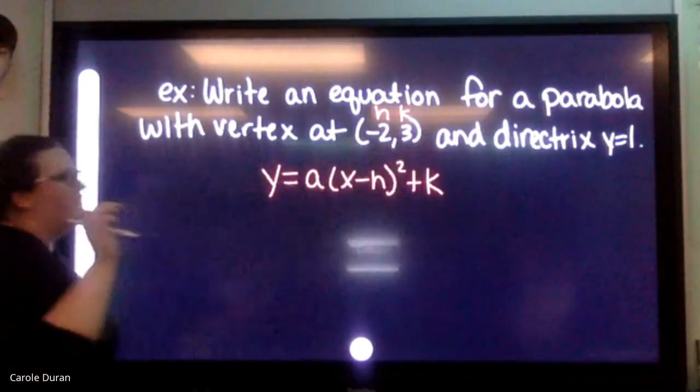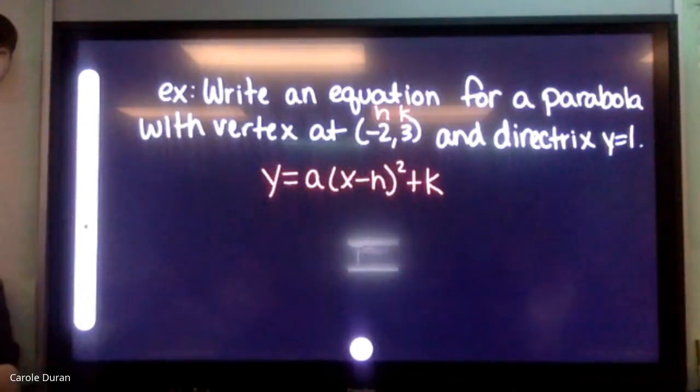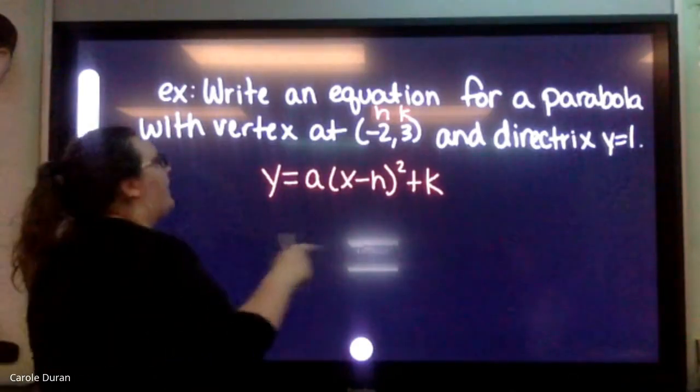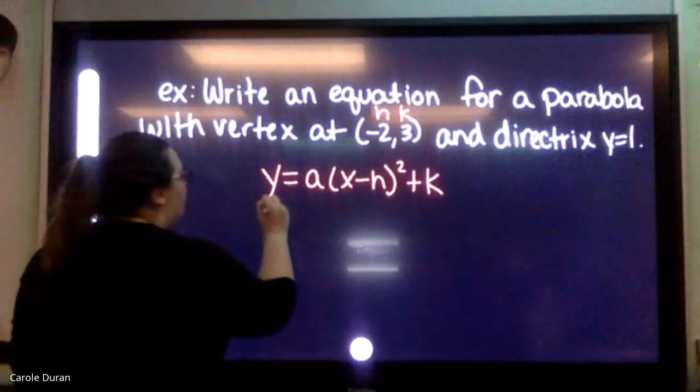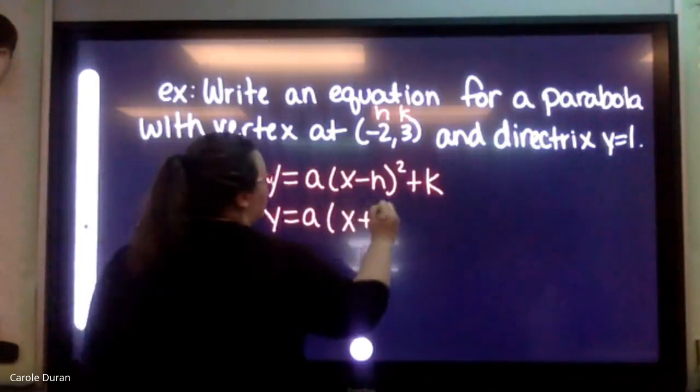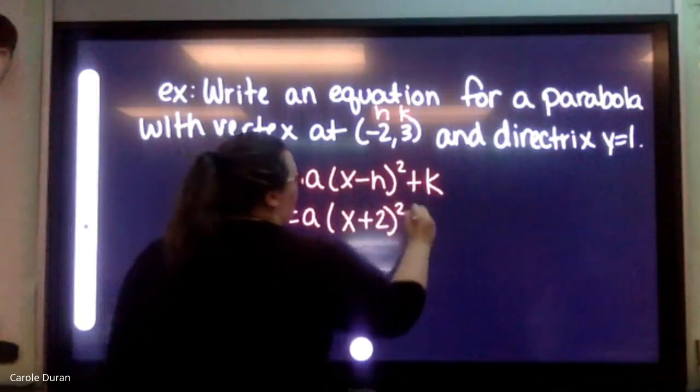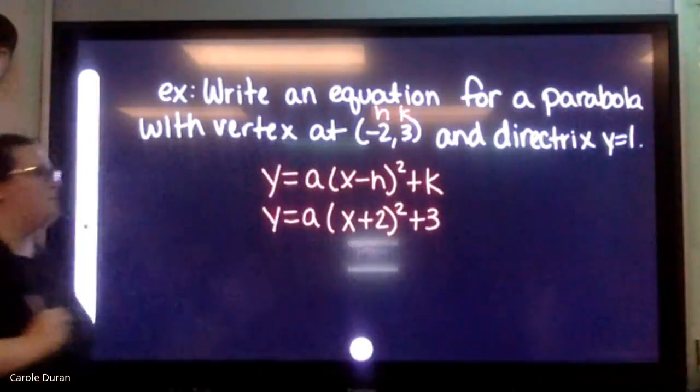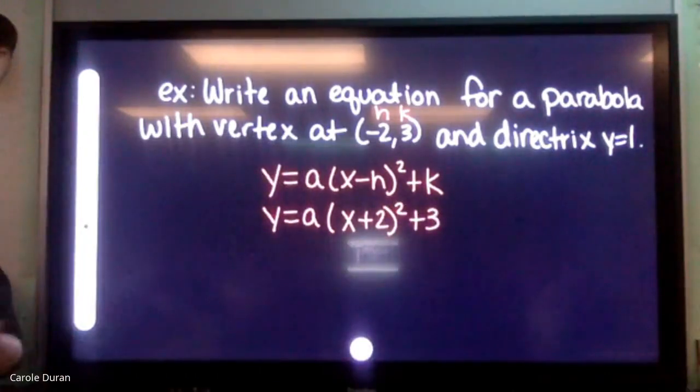Y is not something that we replace, neither is x. We just replace the h, the k, and the a. So I have my h is -2 and my k is 3. So I plug that in, I get y equals a times x minus a -2 becomes +2, and then +3. What is the last piece that I'm missing here?